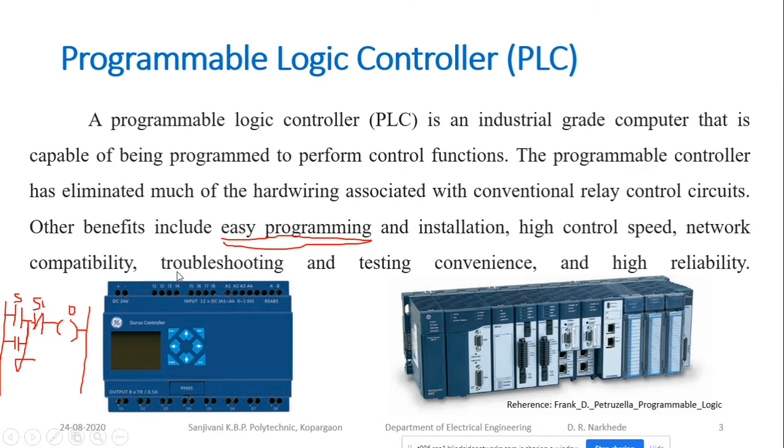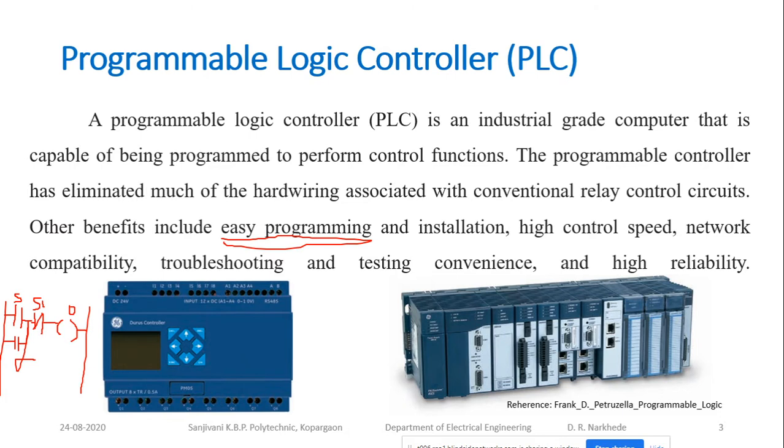Then troubleshooting is very simple over here. You are going to observe the inputs I1, I2, I3, I4, I5, such as analog inputs over there. These are my digital inputs, these are my analog inputs. In the same manner I have outputs also, Q1, Q2, Q3, Q4, Q5. Troubleshooting is easy in the sense that each input has its dedicated LED.